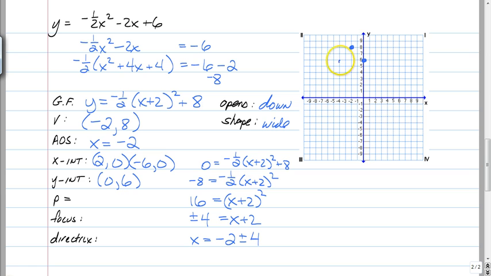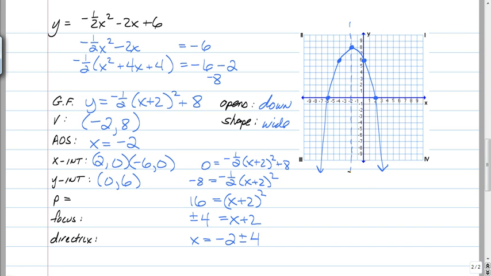We know this is symmetrical, so we can put another one there. We know we have our x-intercepts at negative 6, 0, and 2, 0. You have enough to just go right ahead and graph your parabola. Make sure it looks like how you expected it. It is wide, it is opening down, and make sure you put your axis of symmetry.